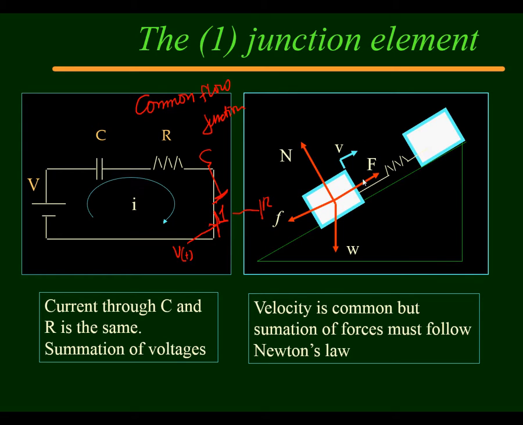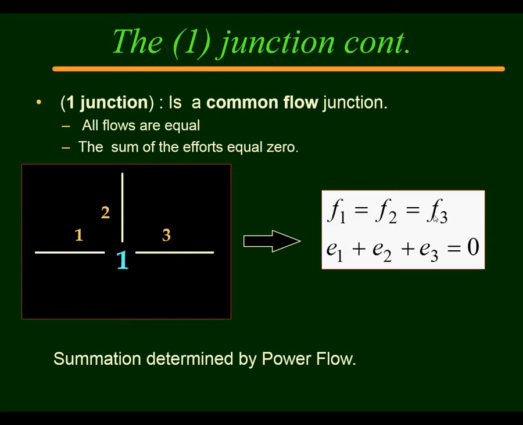On this other one over here, again, the velocity is the same for all the members of the connection, this junction, but the forces will sum. So if you represent it in this picture, you could represent it by F1 equals F2 equals F3, while the efforts will add up to 0.